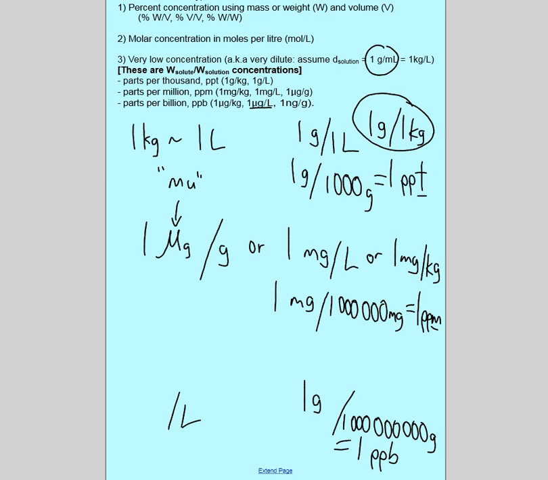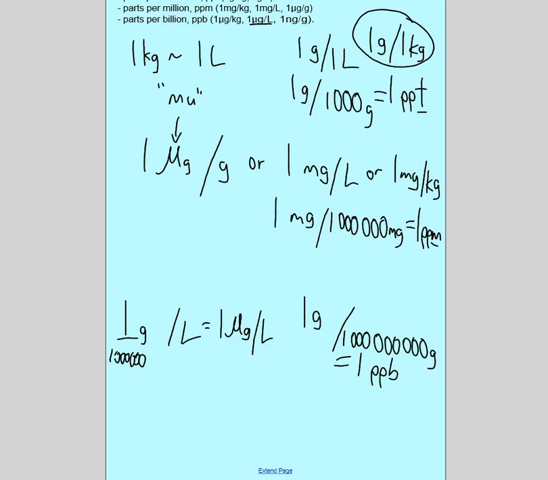And a millionth of a gram is a microgram. So microgram per liter would be our part per billion. Of course, we could also call it a microgram per kilogram because of the equivalence between those two for aqueous solutions.